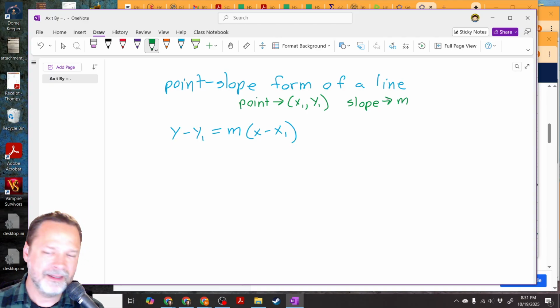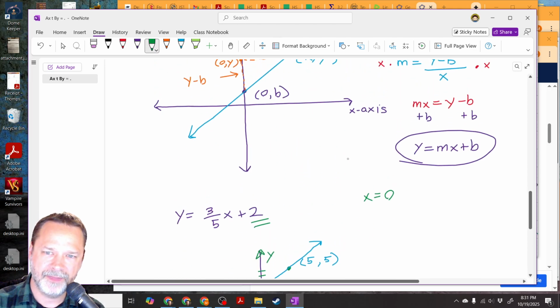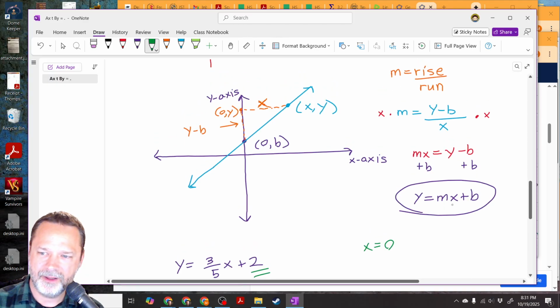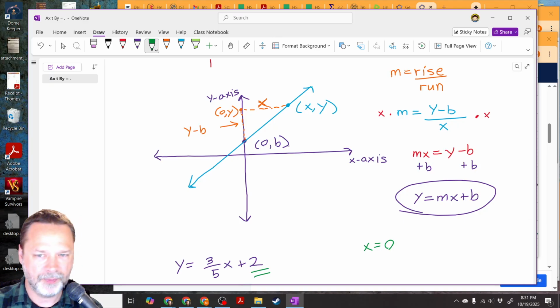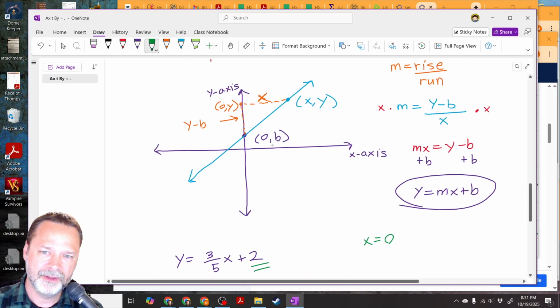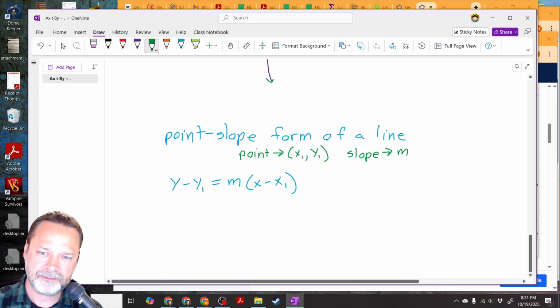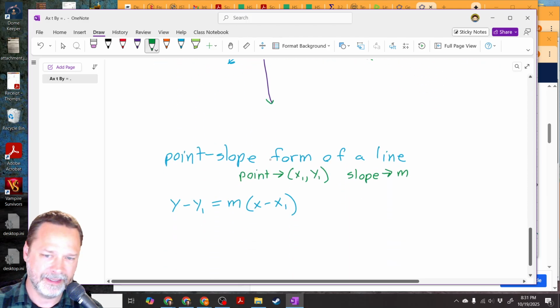Now you might say to yourself, if you watched my last video and you saw me reason out how y equals mx plus b works, we actually did start with a point and a slope. We started out with a very special point. Now we're not doing that. Now we're starting off with any point, and a slope.